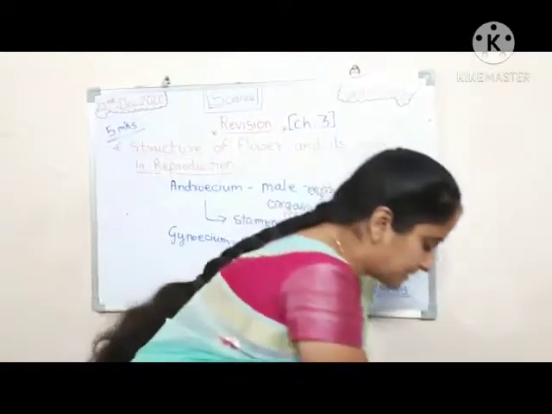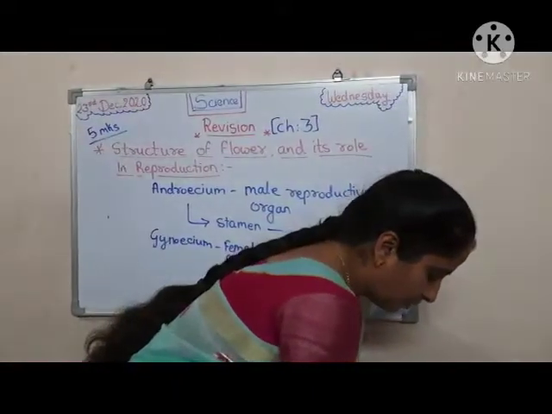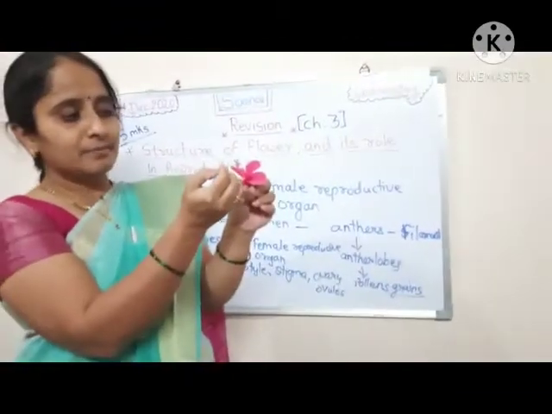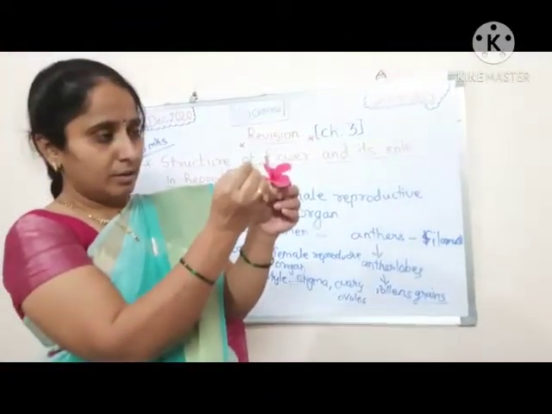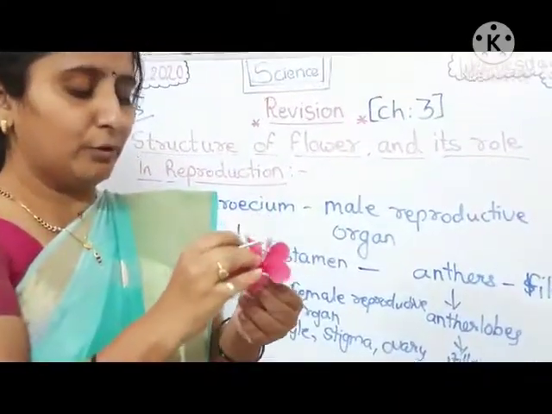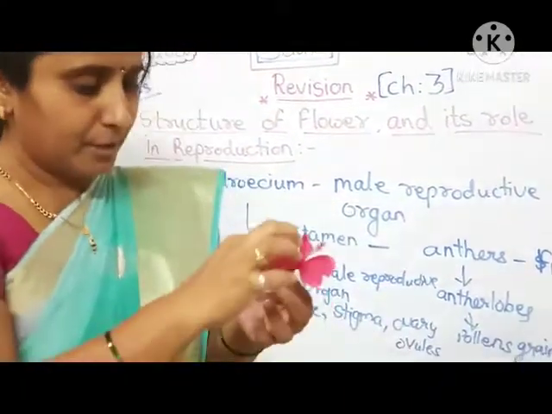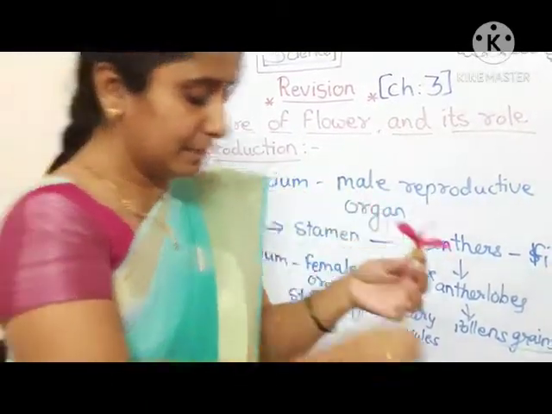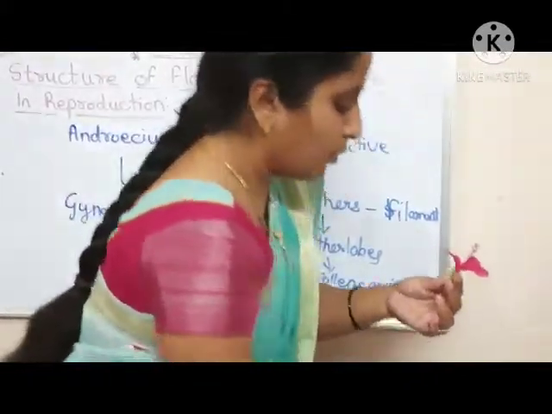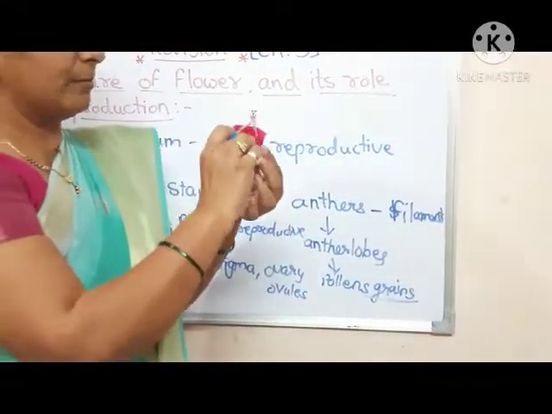Now to observe these ovules, I'll show you here. You can see this inner portion, it is the staminal tube. Inside this staminal tube, we will bisect it in this way. We'll remove the petals and sepals.